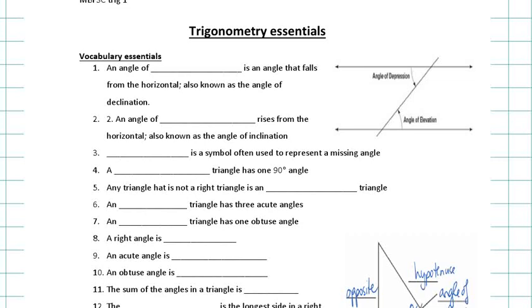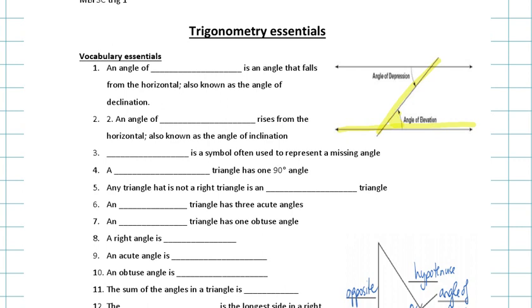The angle between that line right here and the horizontal, which is coming out of my eyes, right? We call that the angle of elevation. So the angle of elevation is measured between the horizontal line and the object. Okay? So this is what we call the angle of elevation.